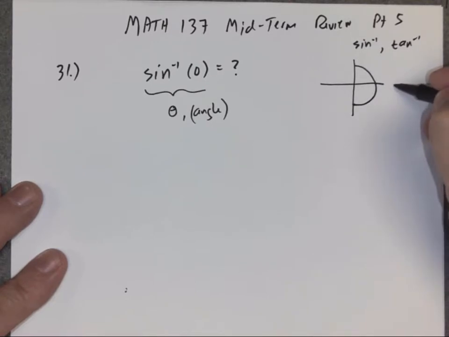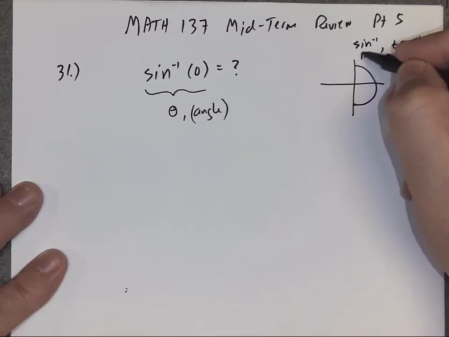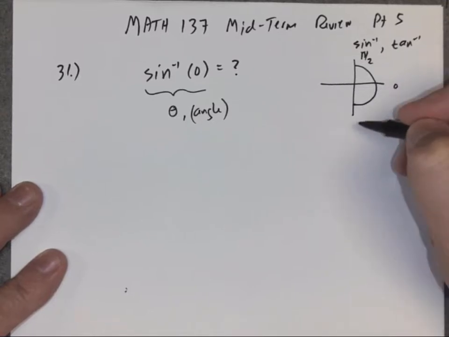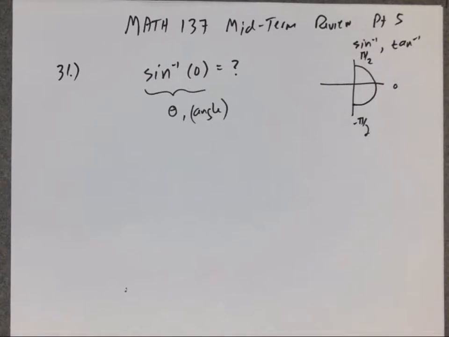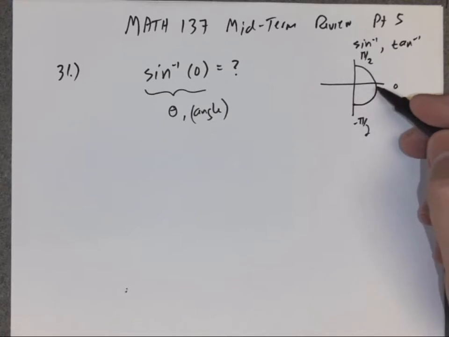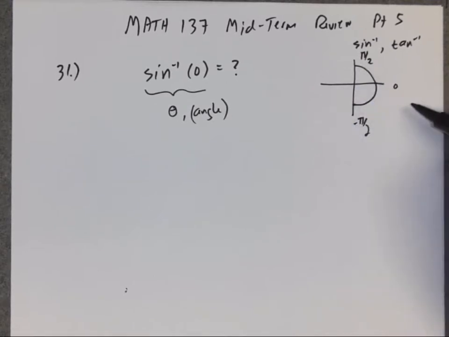And what happens is 0 is here, pi over 2 is here, but if we go down like in the fourth quadrant, we call these negative angles. So this is really different than, say, the unit circle, where we just go counterclockwise all the way around.